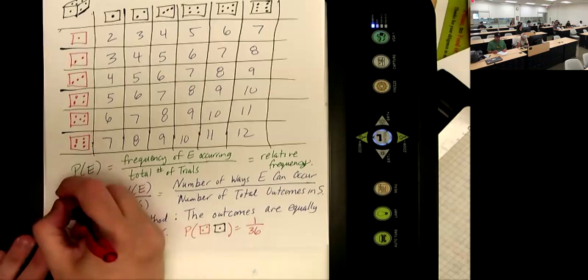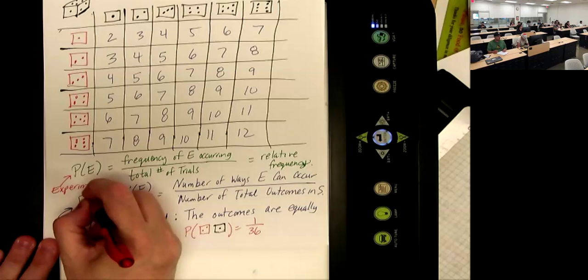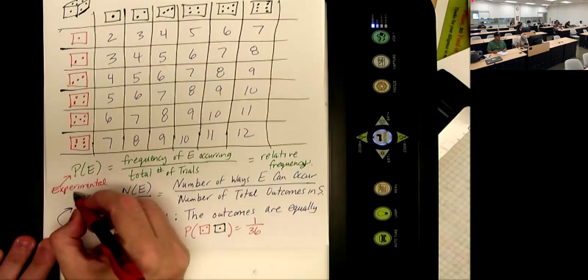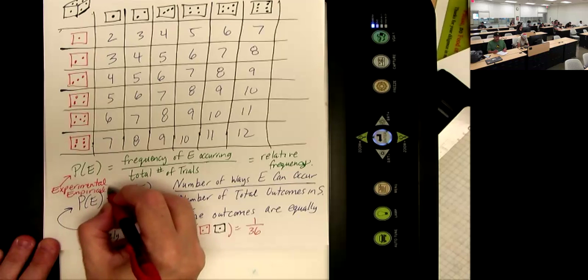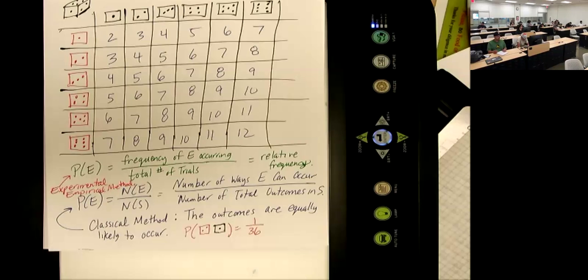This top one tends to be for experimental, or often called the empirical method. We're gonna do that today too. It's used in something where the outcome is not known, and there is no way of getting it other than just doing repeated experiments.